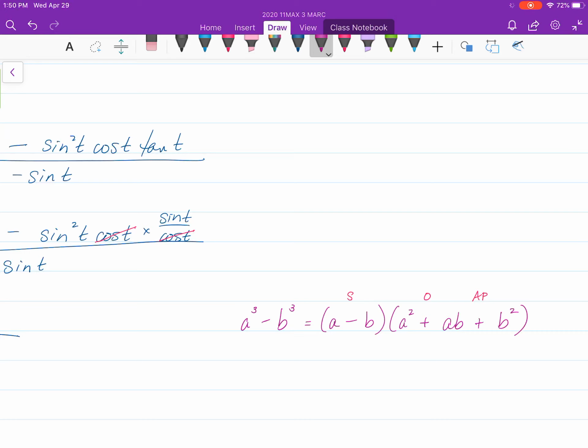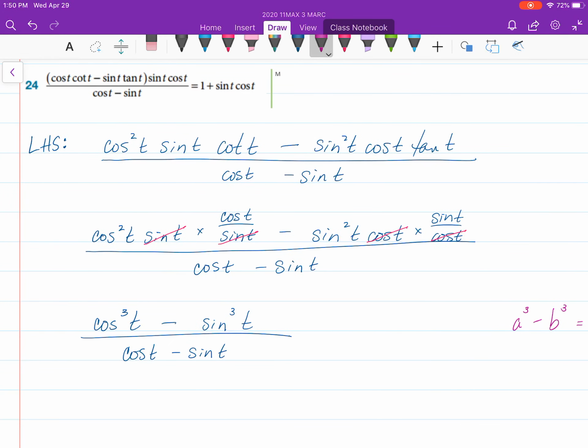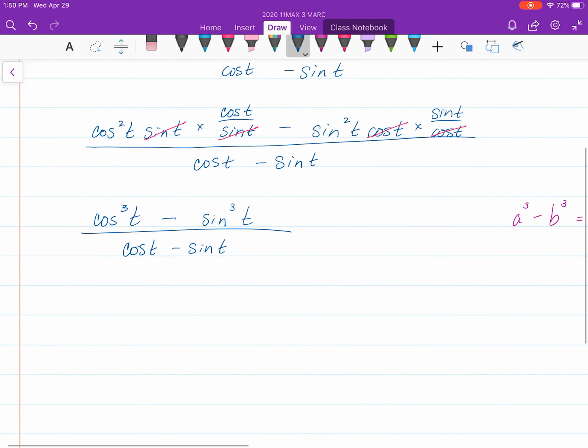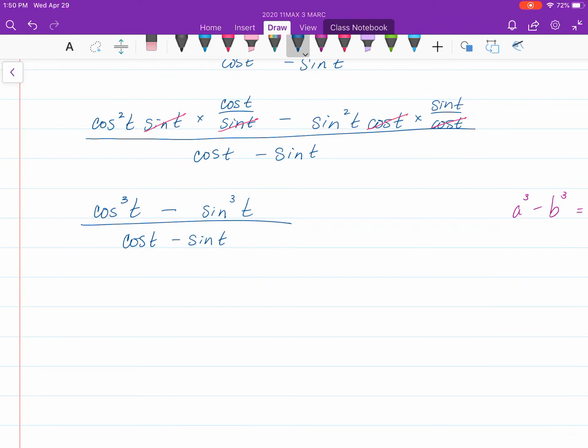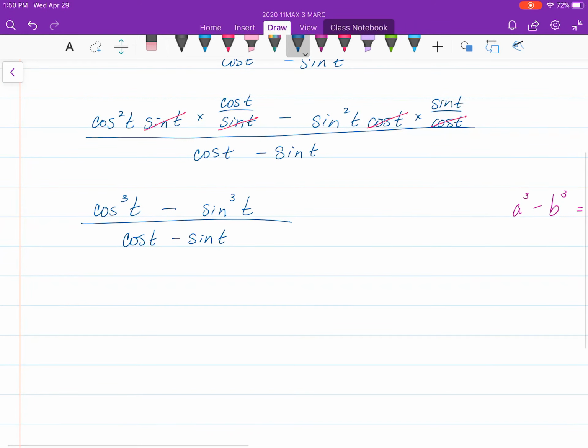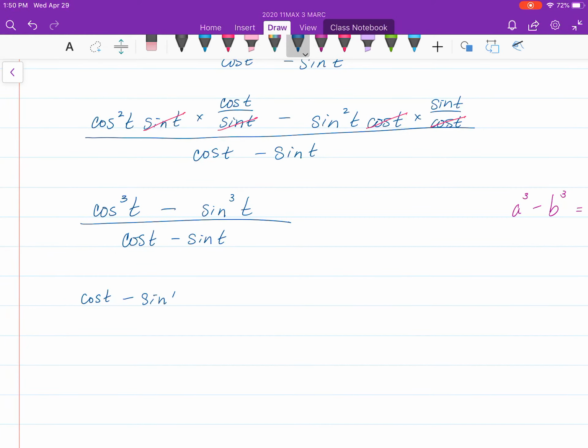So I need to remember how to factor a cubic, otherwise I can't go any further with this identity that I'm meant to be proving. So uncube the cosine, so that's cosine t. Same, uncube the sine, so sine t. That's my first set of brackets. Square the first, so cosine squared. SOAP is opposite, so now plus.